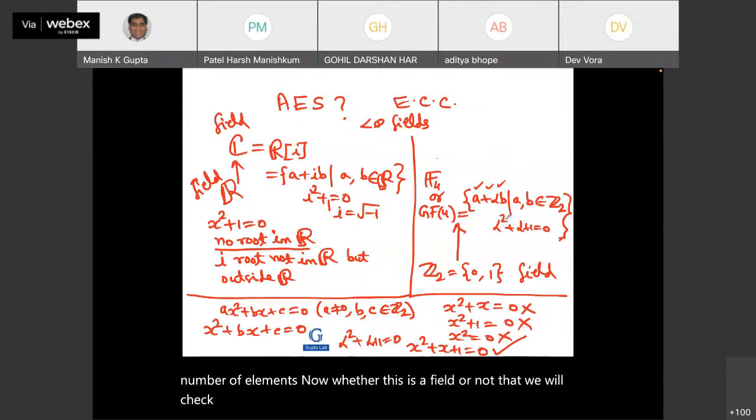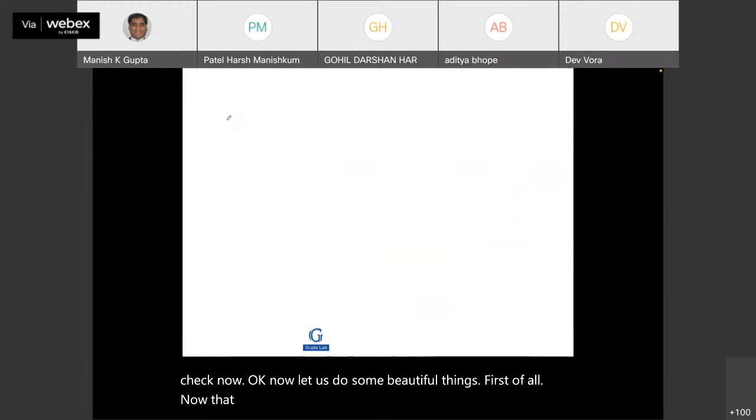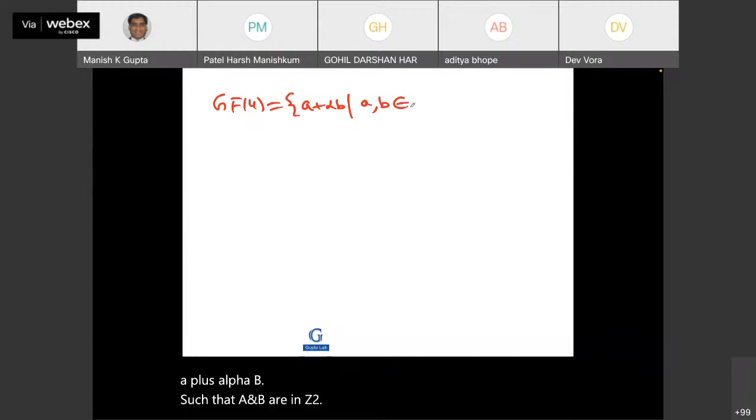Okay, now let us do some beautiful things. First of all, we have got GF4 equal to the set a plus alpha b, such that a and b are in Z2, and alpha square plus alpha plus 1 is equal to 0.